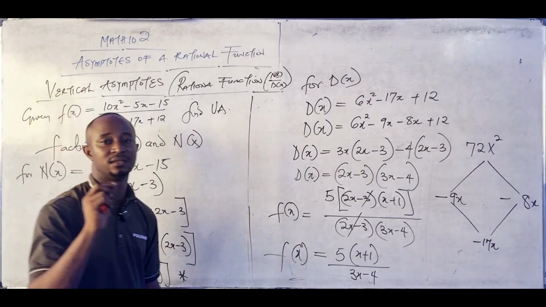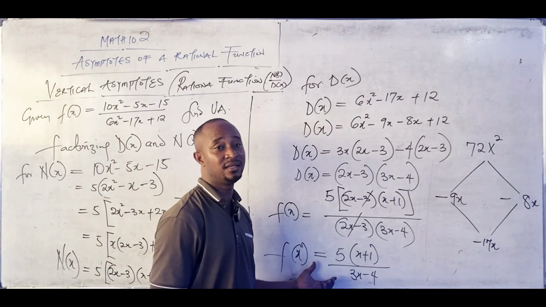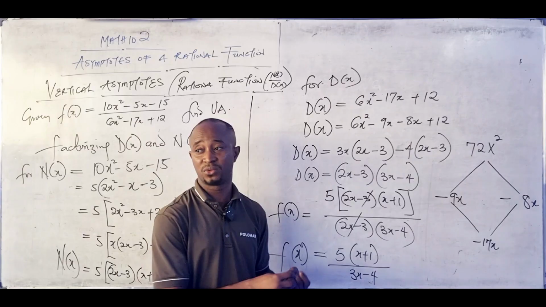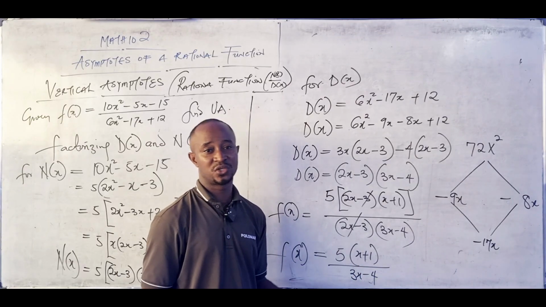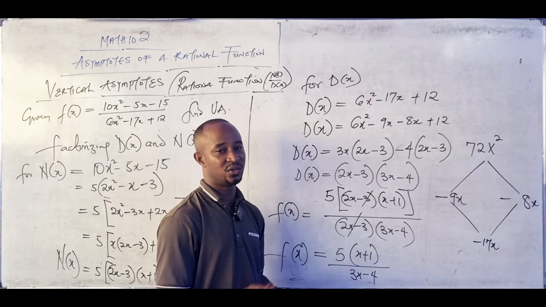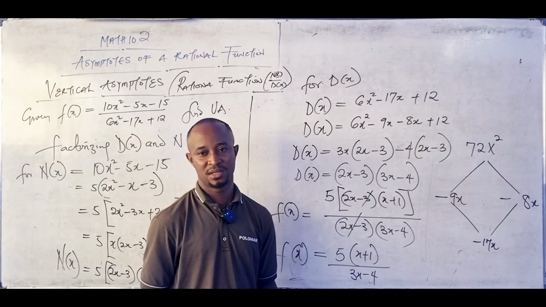From the first rule I gave, to find the vertical asymptote, what do we do first? We set the numerator equals to 0 and the denominator equals to 0. When you set the numerator equals 0, you find Sn. When you set the denominator equals 0, you find Sd.